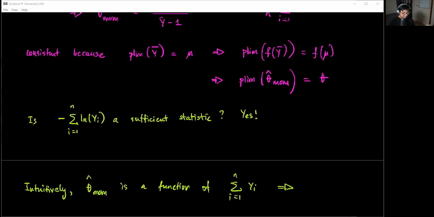Okay. Now, intuitively, this theta hat method of moments is a function of the sum of yi.